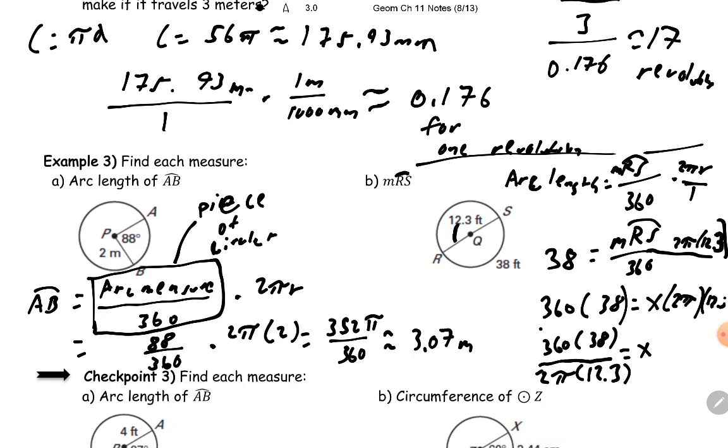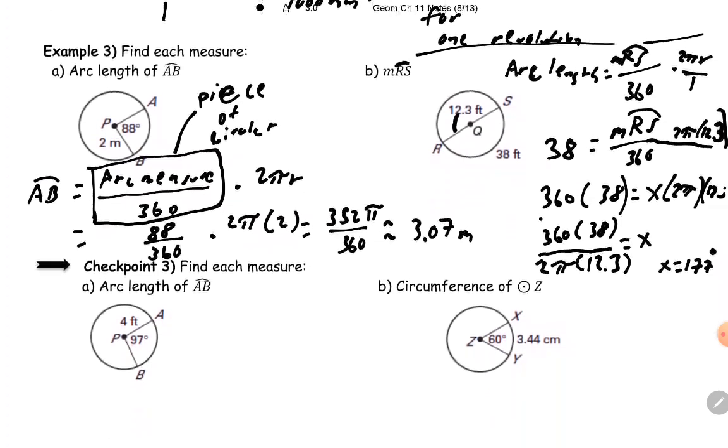Punch this into your calculator, and you should get about 177 degrees. So almost 180, but not quite. Because if that 12.3 was the diameter, then half the circle is 180 degrees.